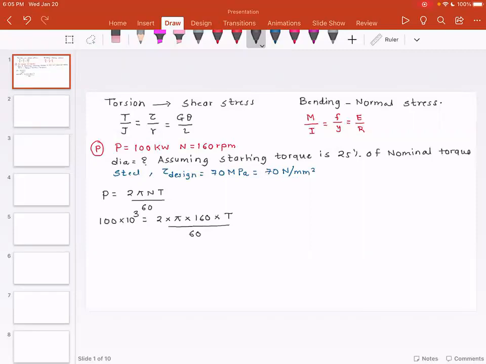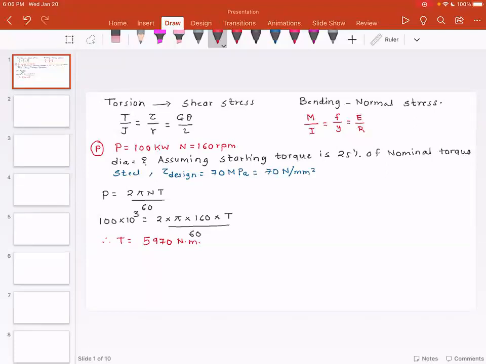Once you solve this equation, you should be able to tell me the value of the torque. And the value of the torque, T, my answer is 5970 Newton meter.